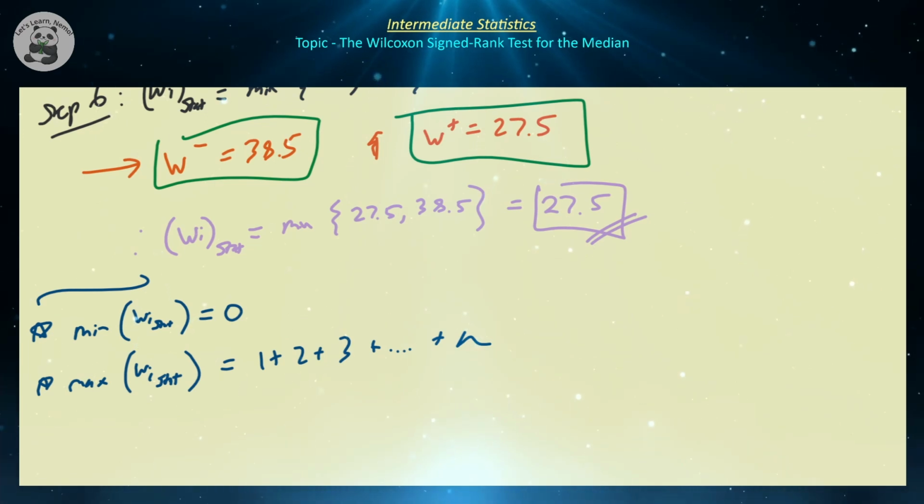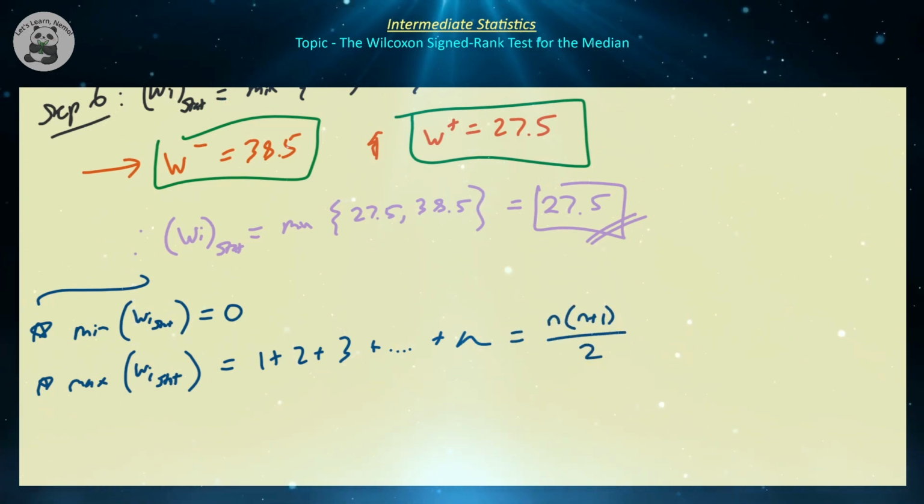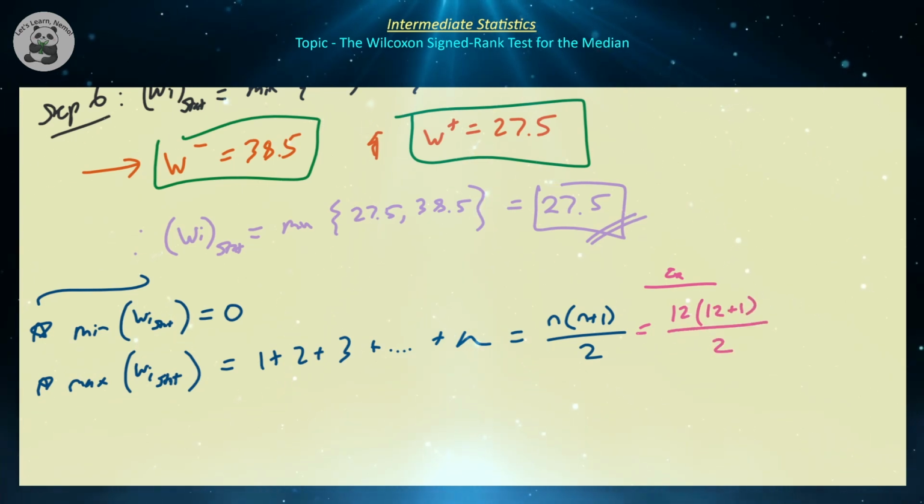And that also holds even when you do have tied ranks and you're using the average method. Keep in mind, this is going to be equal to n times n plus 1 over 2, using some identities from pre-calculus that you may remember from before. So for our example, that's going to be equal to 12 times 12 plus 1 divided by 2, which is just going to be equal to 13 times 6, which is just going to be equal to 78.